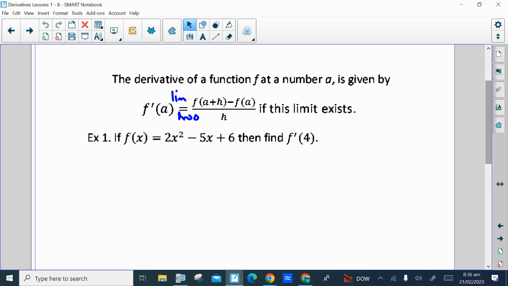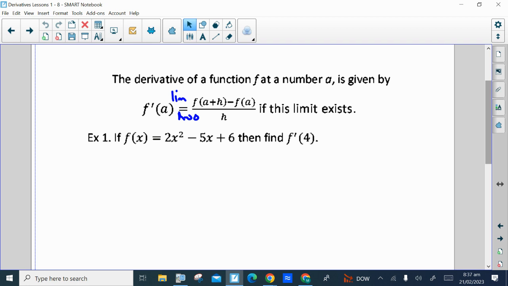So we're going to see that you can find the derivative using these formulas for first principles, but then we're going to see an easier way to find the derivative of a function. So you're not going to have to use this formula after we go through that part. Okay? And it is much easier to find the derivative. However, we'll go back and we'll use this formula to find f prime 4.